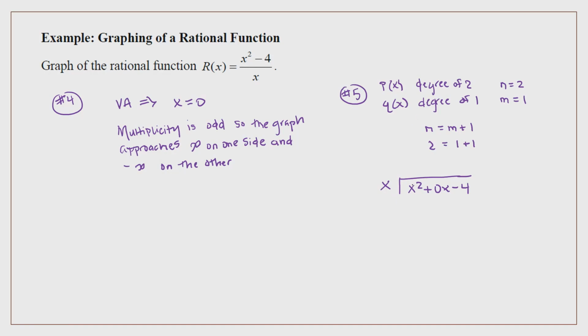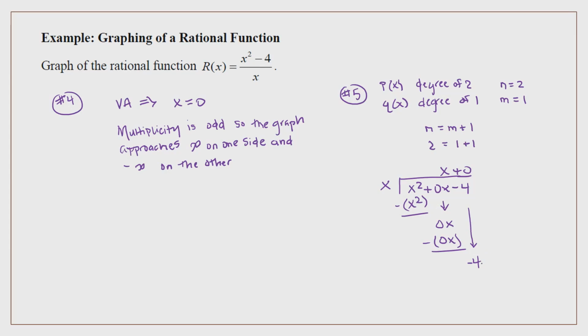All right, so x squared divided by x is x. So we have x squared, and then we're going to subtract, and that cancels. Then we bring down the next term, 0x divided by x is 0. So multiply that by x, subtract, and then bring down the next term, which is 4. Negative 4 divided by x, there is no expression.